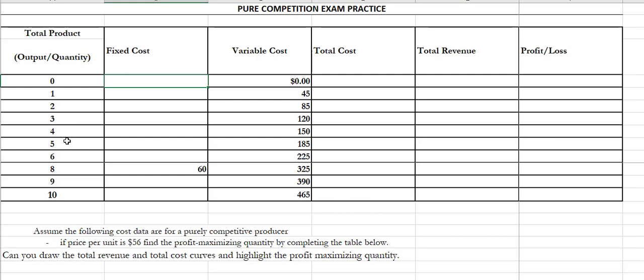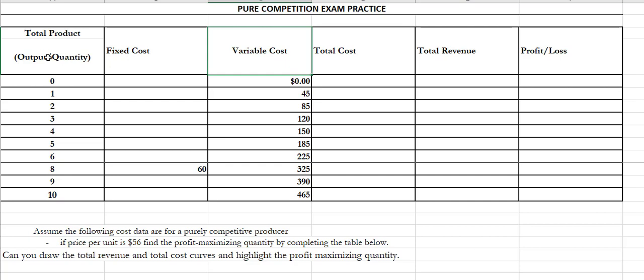Over here, we have how much of the product they're producing, the quantity, 1, 2, 3, and so on. Then to the right, we have what's called fixed costs. I hope you remember that from the cost of production chapter. These are costs that will not change with output.